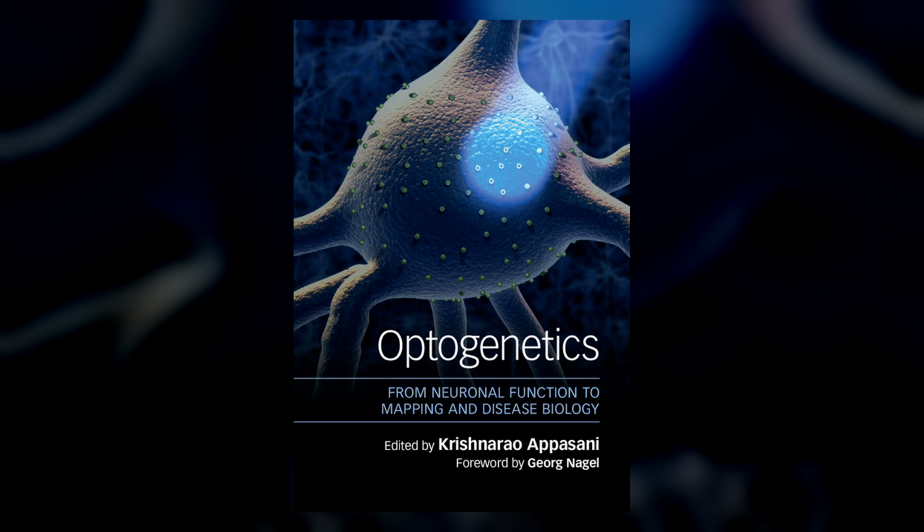The approach is mutation-agnostic by construction. One channel treats thousands of distinct disease-causing mutations because it bypasses the broken gene entirely instead of correcting it. This part explains why retinal degeneration takes away sight and what the repair strategy does about it.